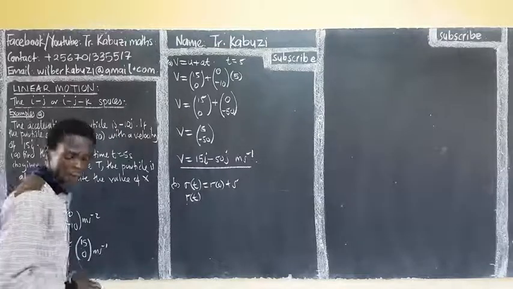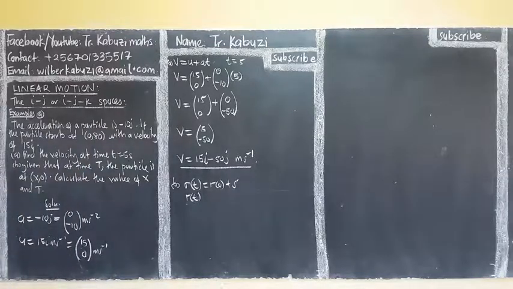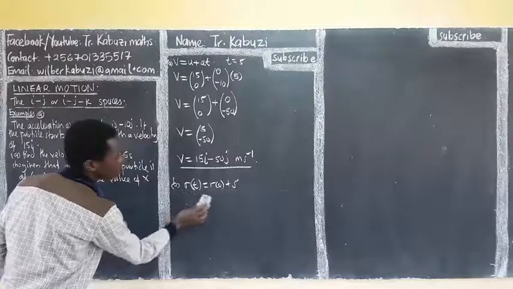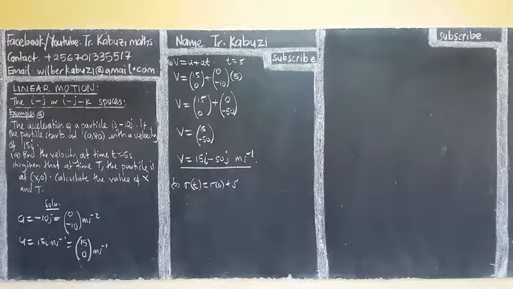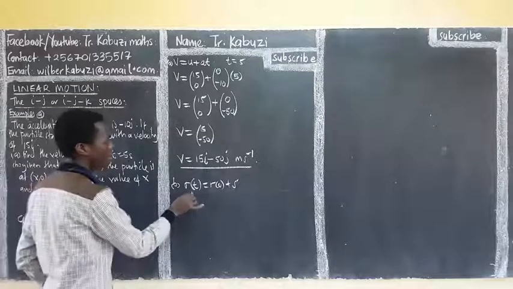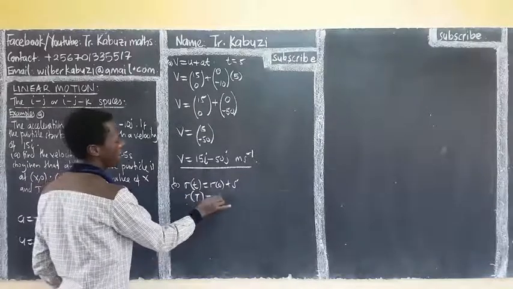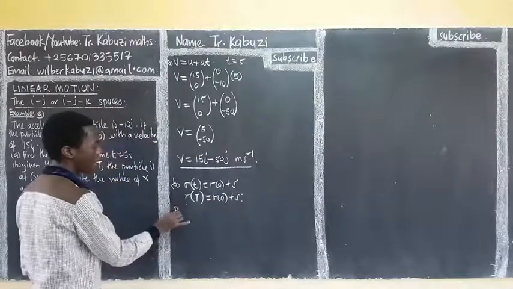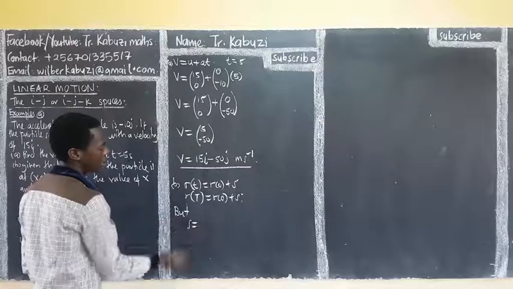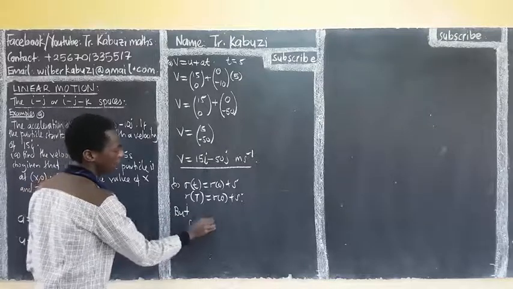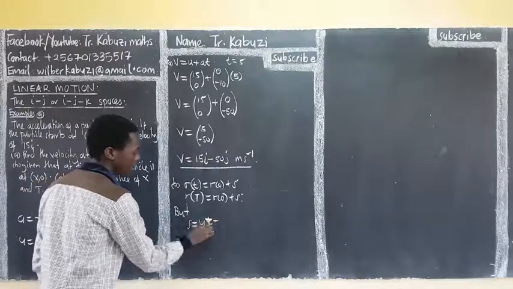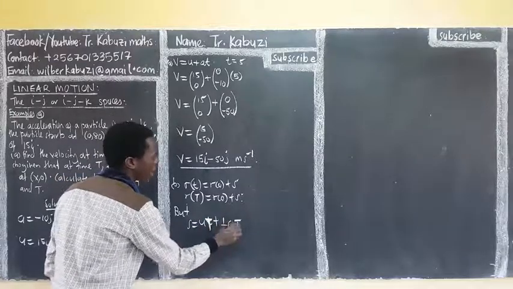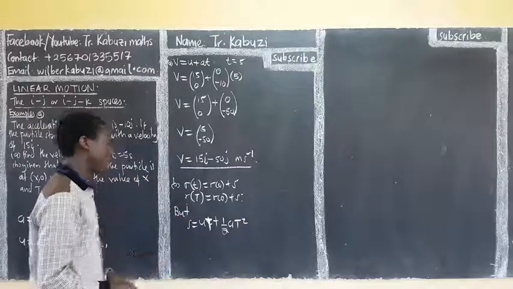Here I'm using capital T, because the time we are dealing with is also capital T. So now my RT is going to be R0 plus my S. What is my S? My S is going to be equal to UT, now capital T, plus half a capital T squared, because we are dealing with this sign here.